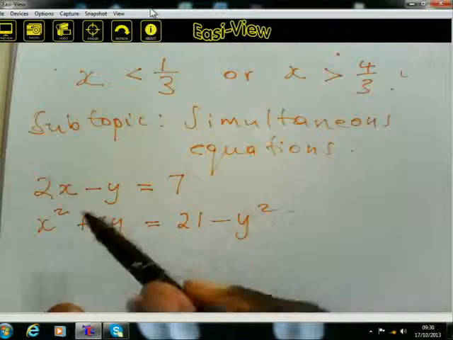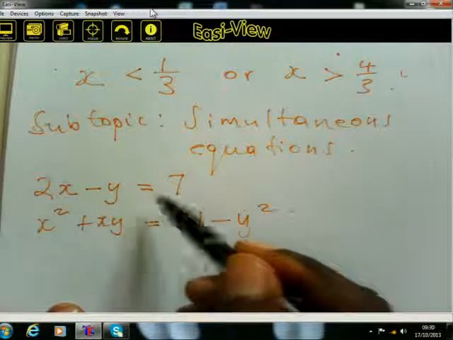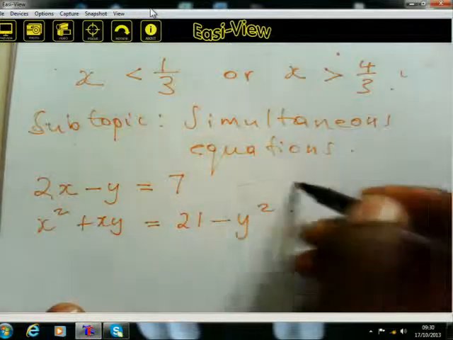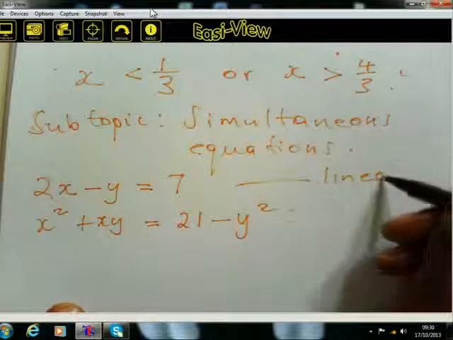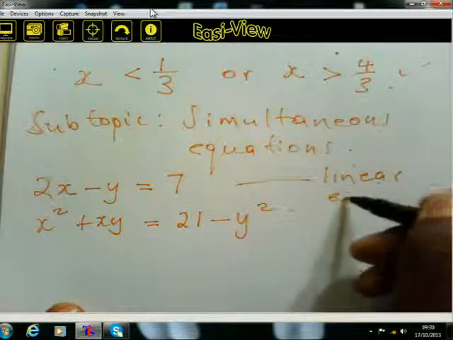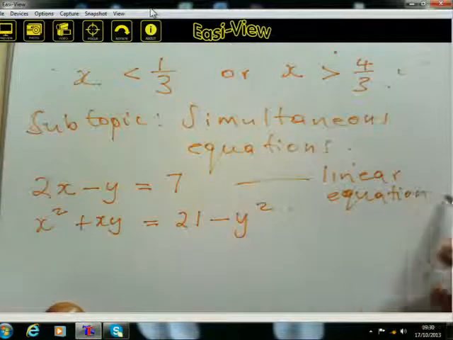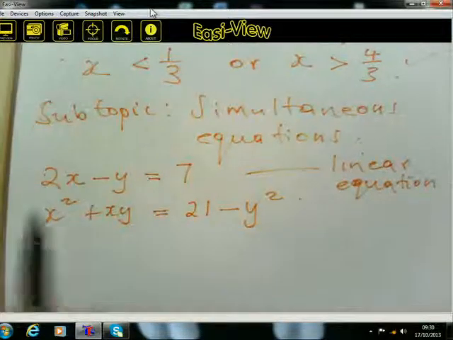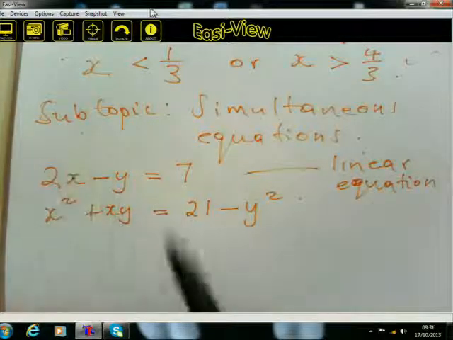Now, when you look at this one, 2x minus y, which is equal to 7, it is what we call a linear equation. Why linear equation? The highest exponent of x is 1.